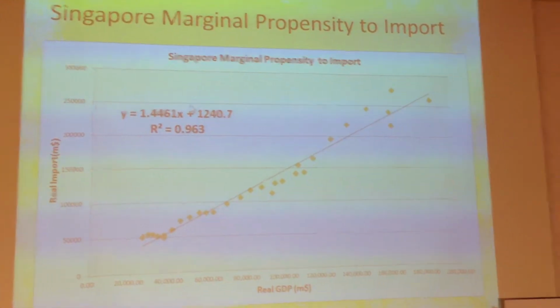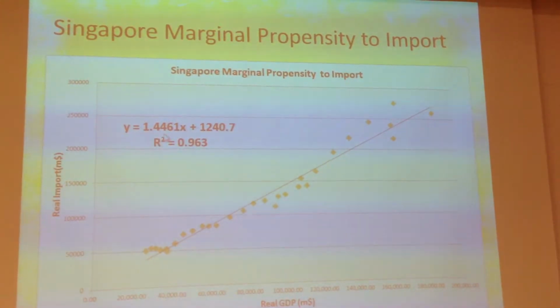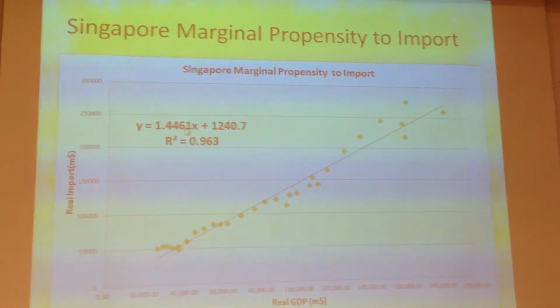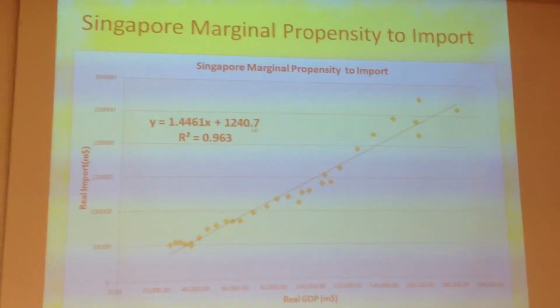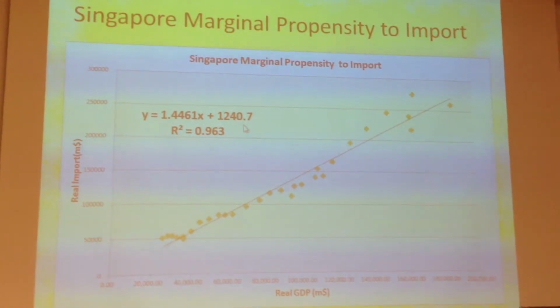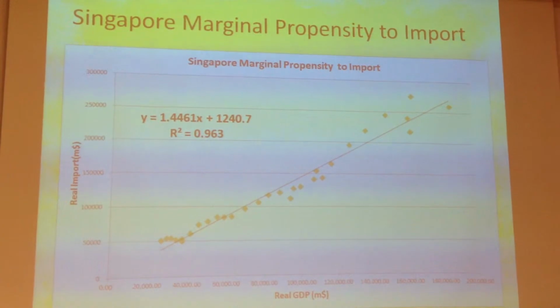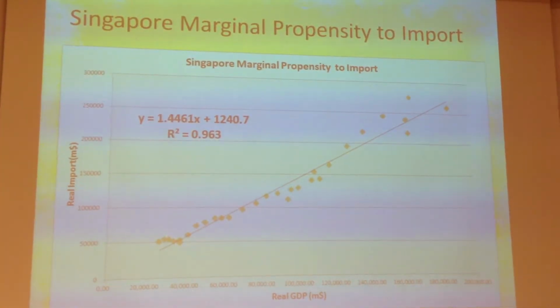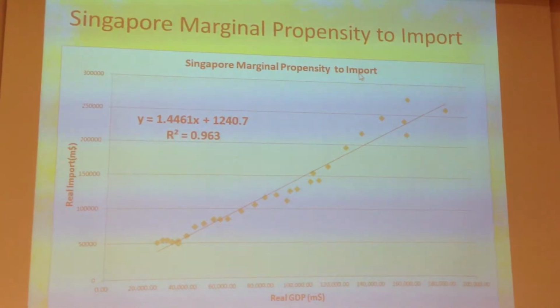The equation tells us that the slope, which is 1.4461, is your marginal propensity to import. 1240.7 is your y-intercept, which is your autonomous import. The slope of the line represents the marginal propensity to import.